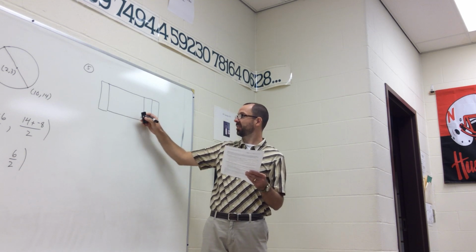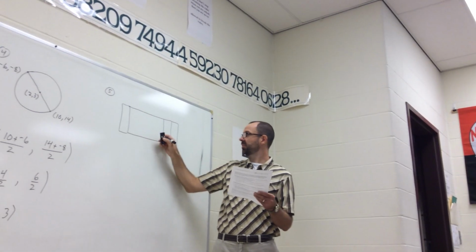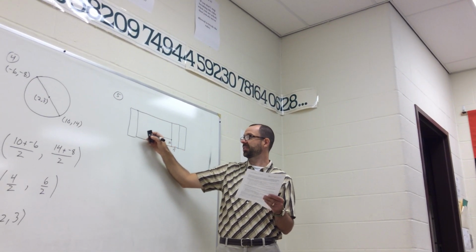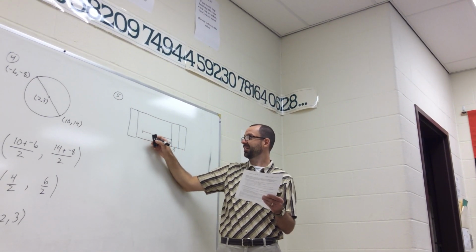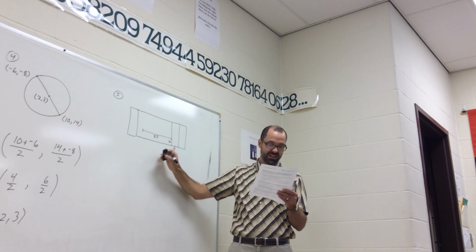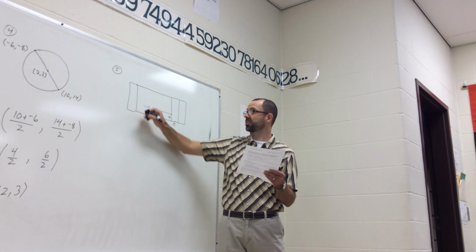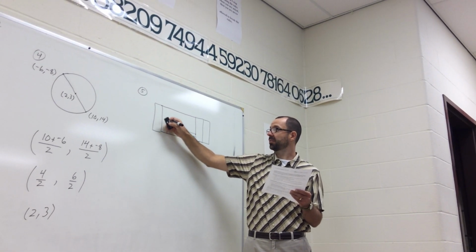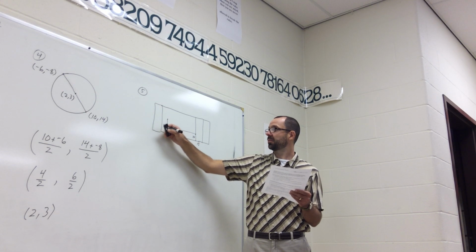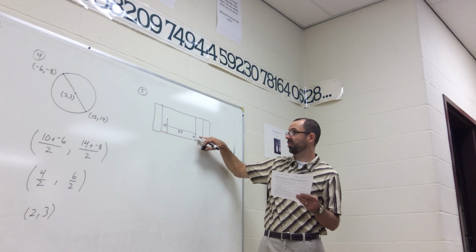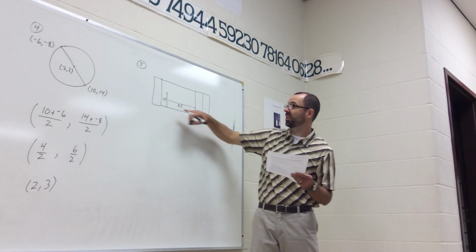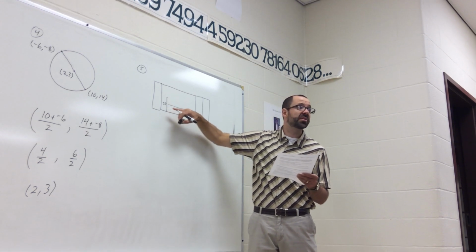Okay, so it went all the way down here. Yeah, he's a good punter for sure. 83 yards down the field, and then it also went diagonally because it ended up 25 yards from the sideline. So it started 10 yards from the sideline, but it ended up 25 yards from the sideline.